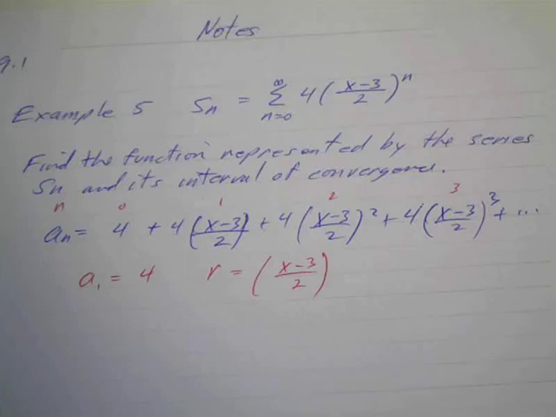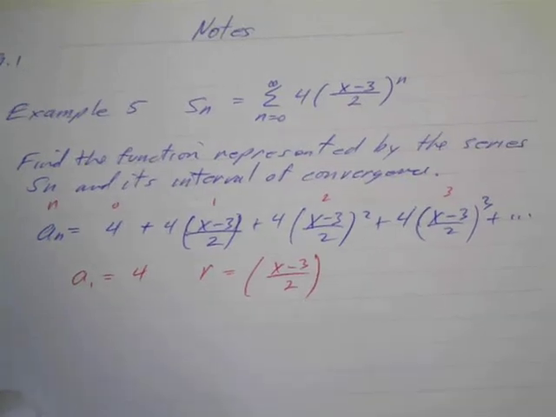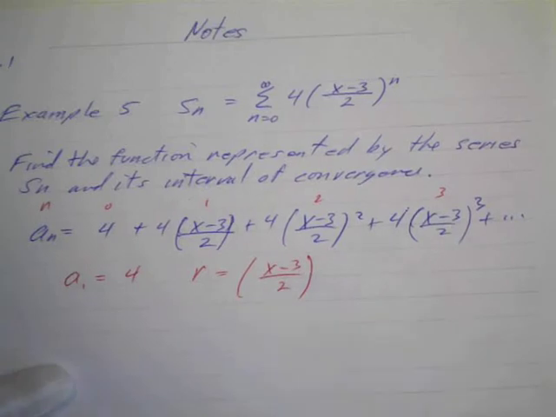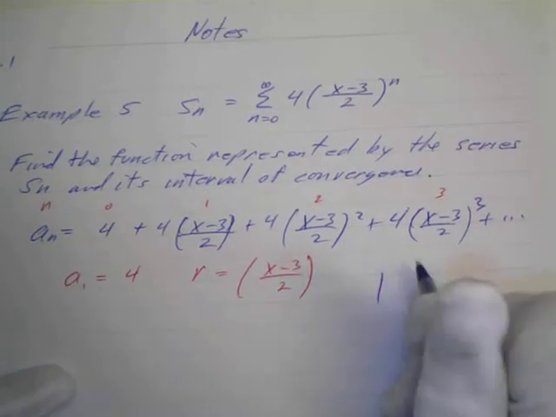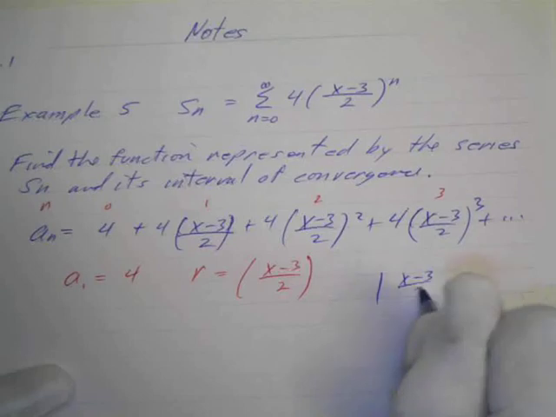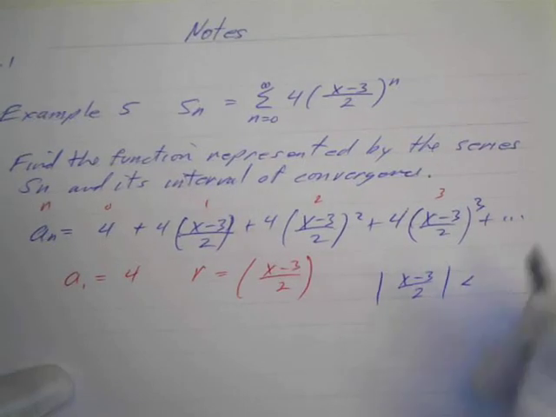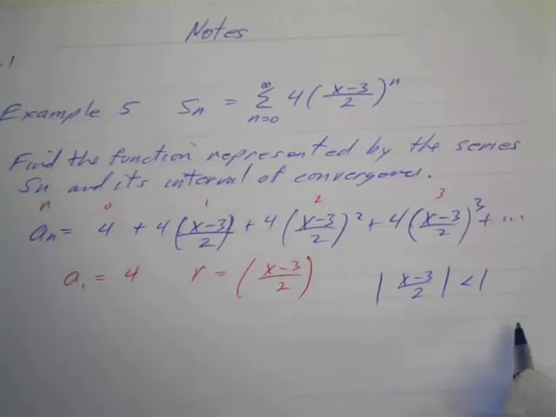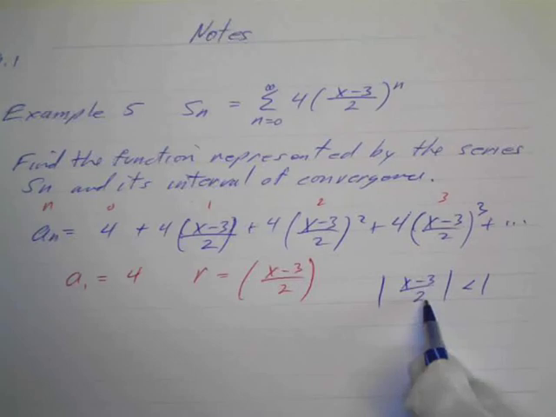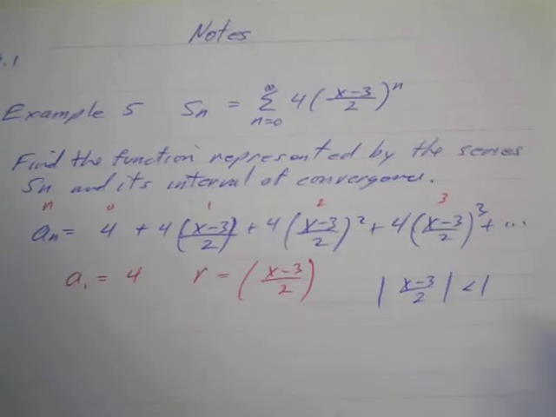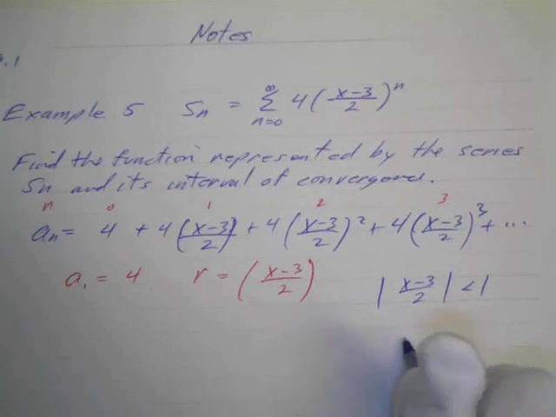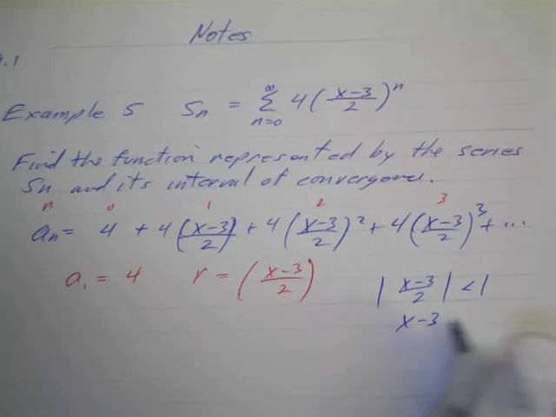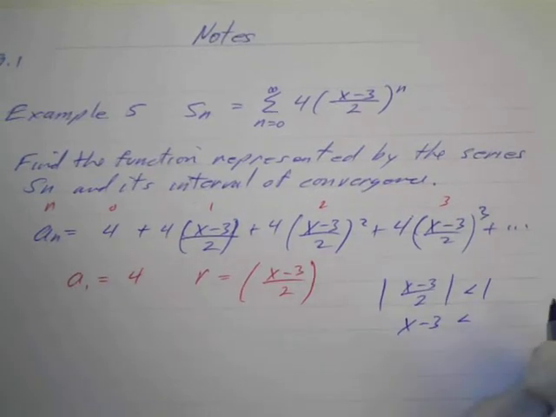And we know that this is going to converge. It's obviously a geometric series because we have a common ratio. The interval of convergence would be whenever the absolute value of r is less than 1. In this case, we can multiply both sides of this inequality by 2, and the absolute value of 2 is 2, so there's not going to be a problem there. So the absolute value of x minus 3 will be less than 2.